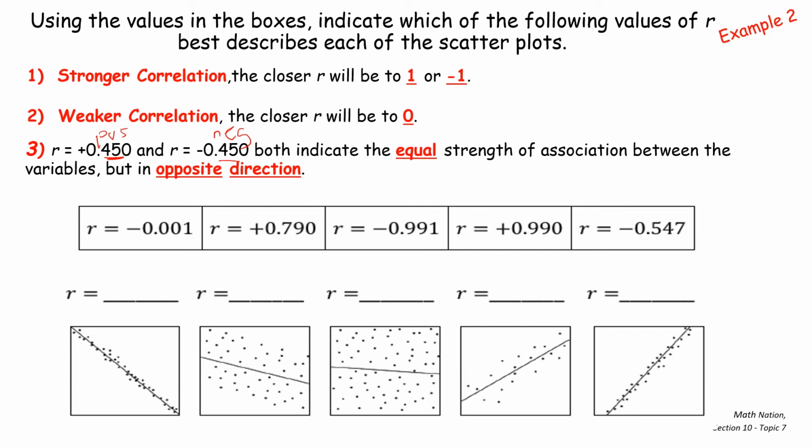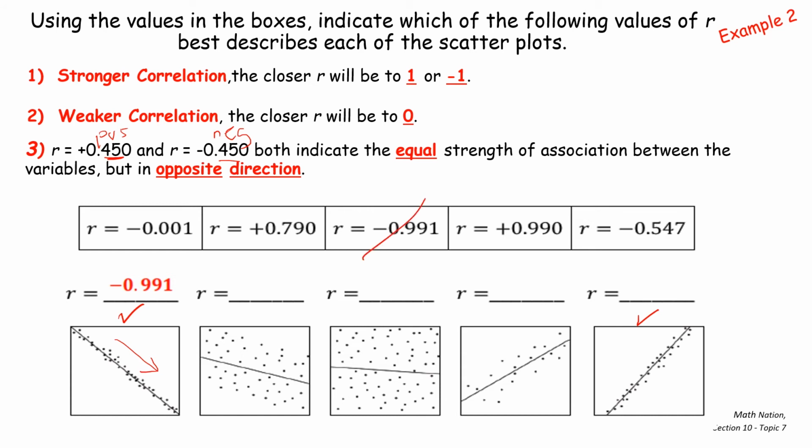So the first thing I like to look at, if I have to do a matching activity for this type of problem, I want to look for the stronger correlations, and so that would be the first and last one here. So the first one, it has a negative slope. It falls from left to right. So I want to look for a negative number that is close to negative 1, and that would be negative 0.991. It's close to negative 1, so that's the strongest one there.